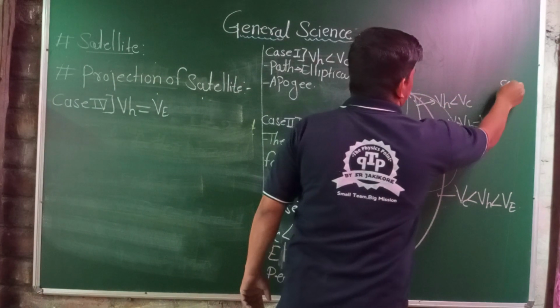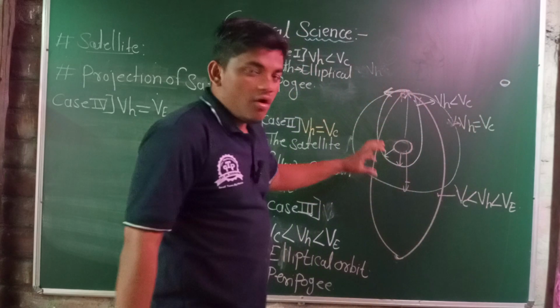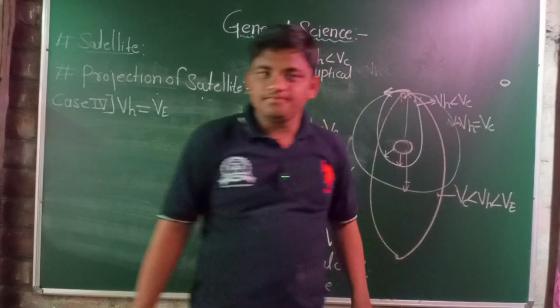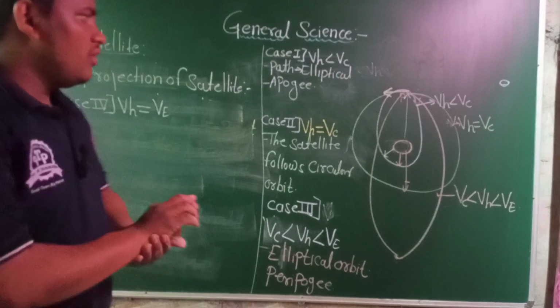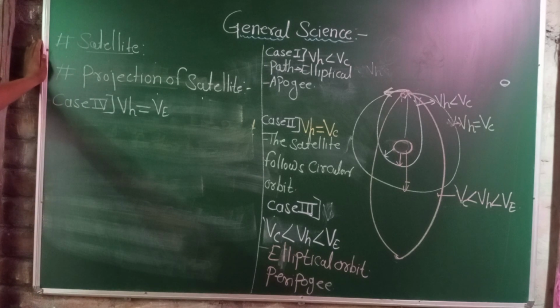This is the place where the moon lies, and we are trying to escape and land the satellite on that particular moon or any other planet.